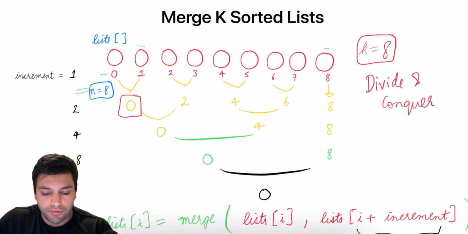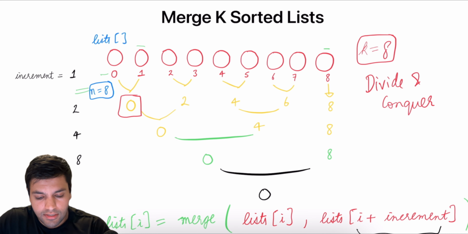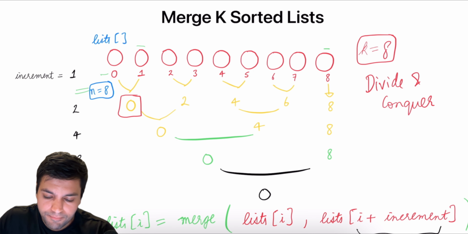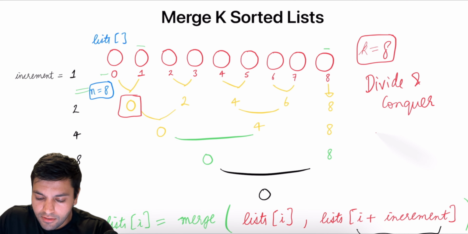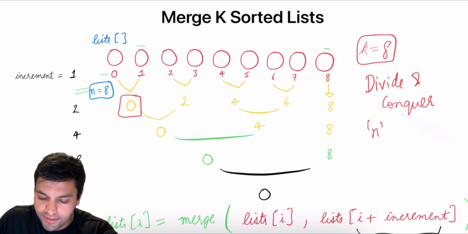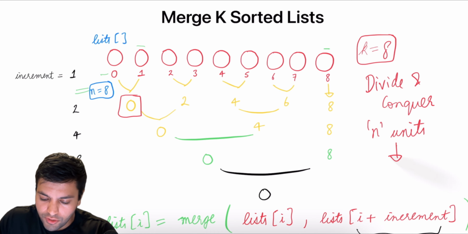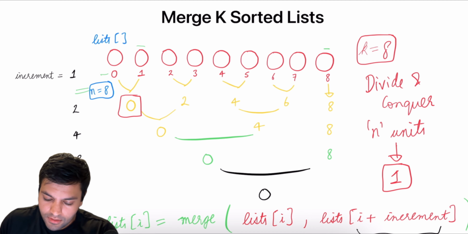We basically process the linked lists pairwise and produce a single output. If I have n individual units and finally have to produce one bigger unit, in divide and conquer we merge these linked lists pairwise.